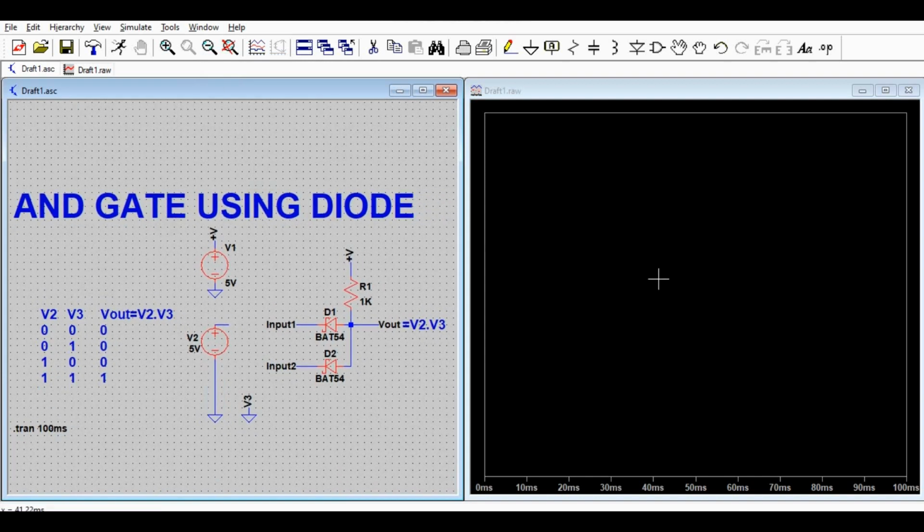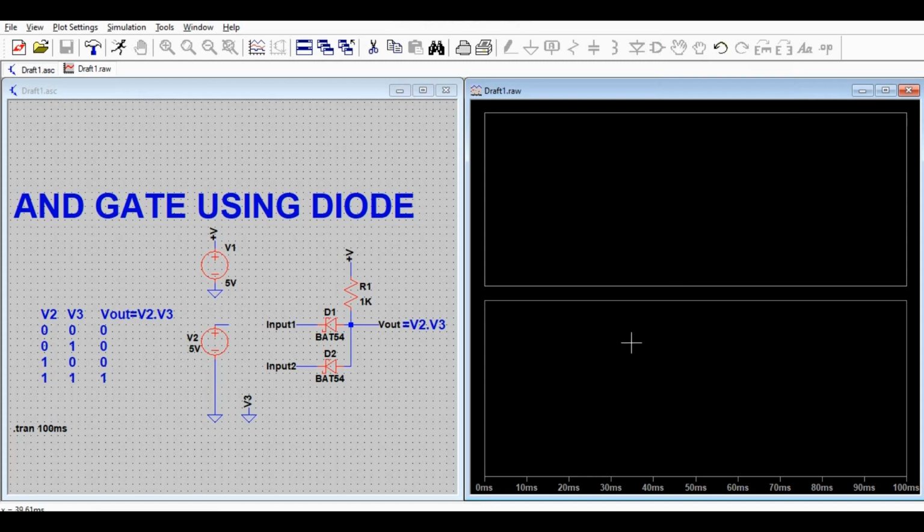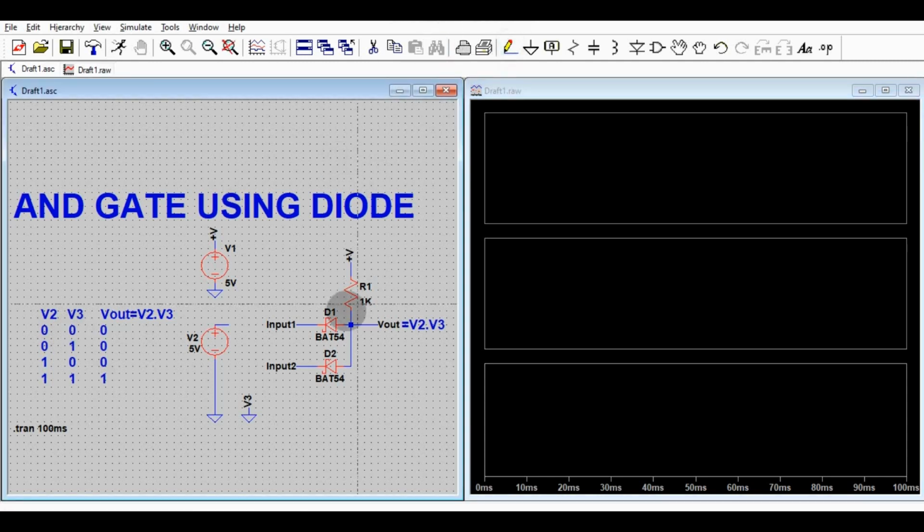Let me divide this window into three parts, two for input and one for output. In the first case, V2 and V3 are both 0. So you have to select your V2.